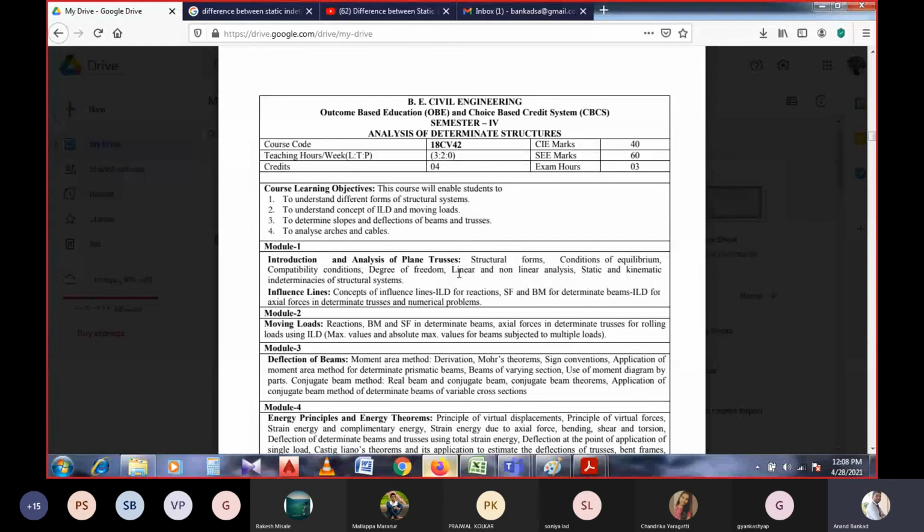Here we have another topic, linear and non-linear analysis. The name itself tells it. Whenever you consider a structure for analysis, we have to consider the stress and strain relationship. Whenever the structure is loaded, there will be stresses, and due to those stresses, strain will occur.